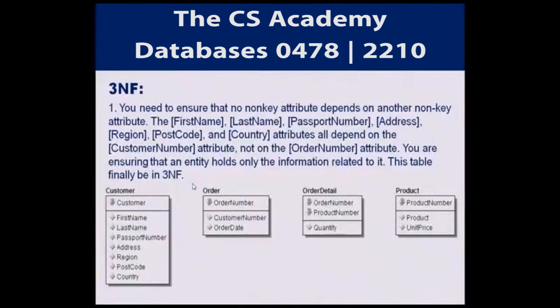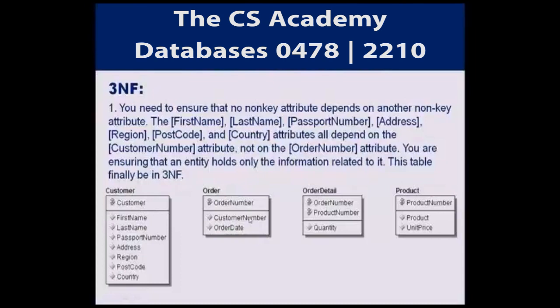So you can see the customer order number, where is the order number? Not in this table. Order number, yes, this is here. So this is the primary key for this, and this becomes the order. And now customer number is here.